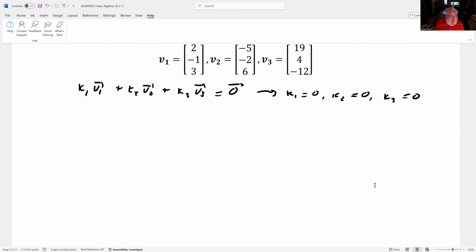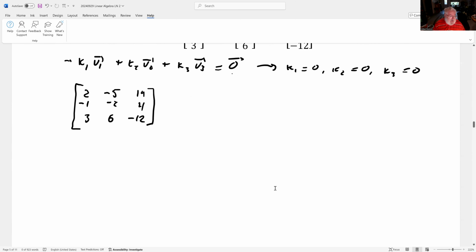Well, again, you turn this into a matrix, but what we saw above is that the coefficients will be this. And we don't need the right-hand side, because the right-hand side is 0 and nothing's going to happen to it. So what we want to do is take this 2 and clear out this column.